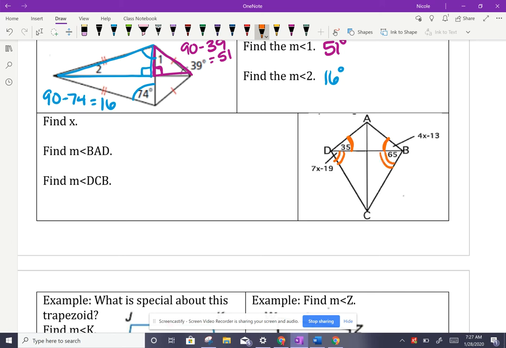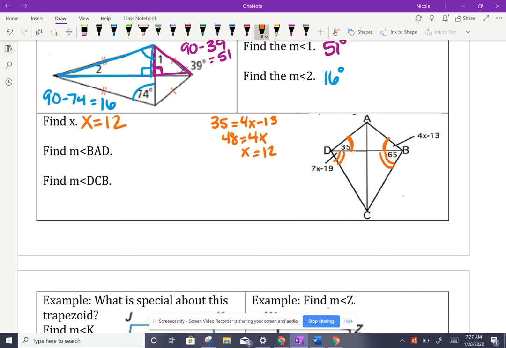So we can easily solve for x by setting either one of these equal. So if we say 35 is equal to 4x minus 13, 35 plus 13 is 48 equals 4x. So x is equal to 12.